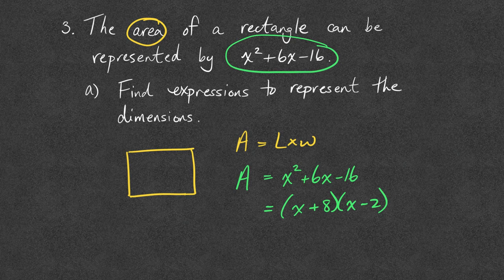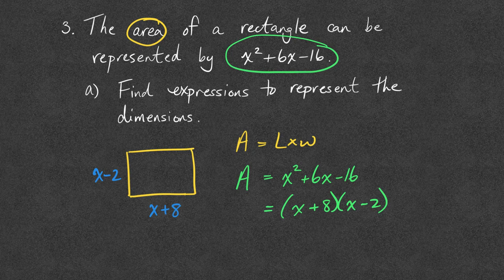I hope we're good that x plus 8 will always be larger than x minus 2, regardless of what x is. I'm taking x and adding 8 to it versus subtracting 2 from it. So if I label it on the diagram, the longer side must be x plus 8 and the shorter side x minus 2.